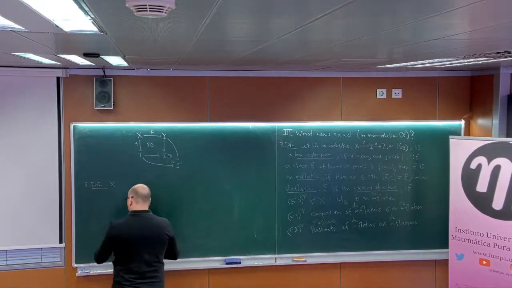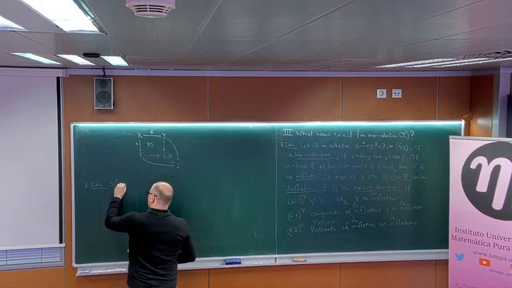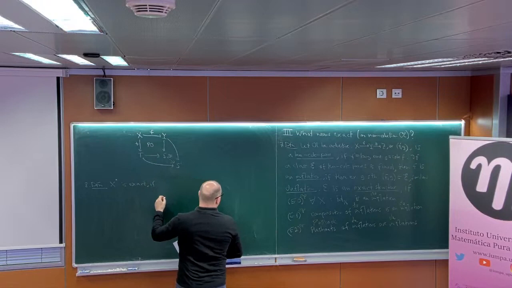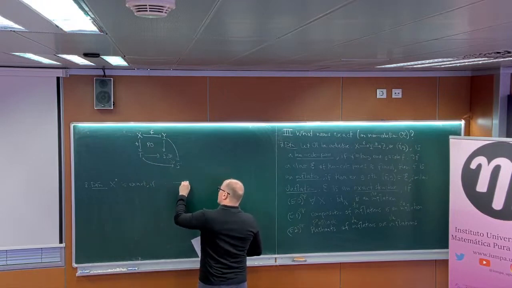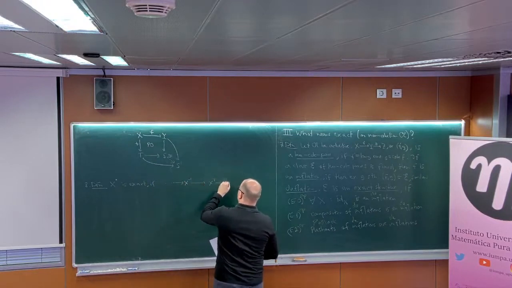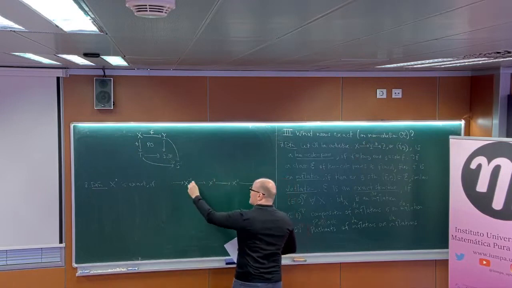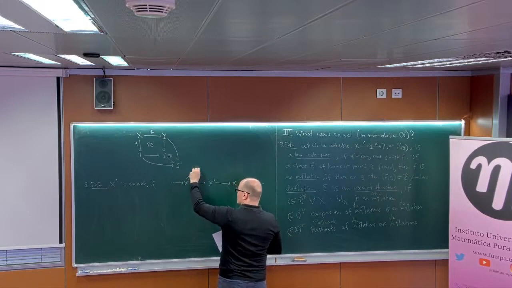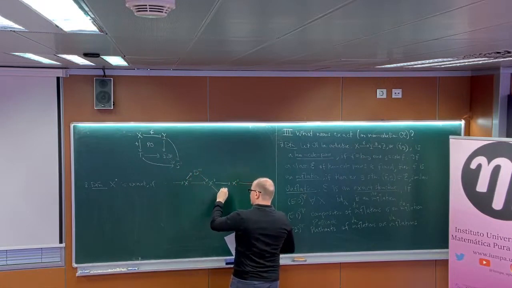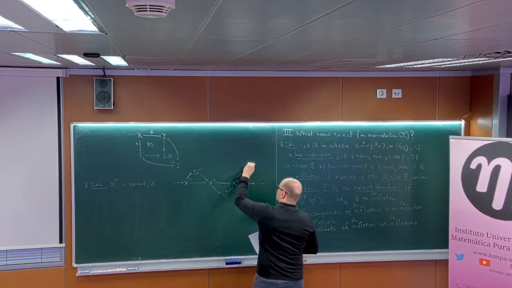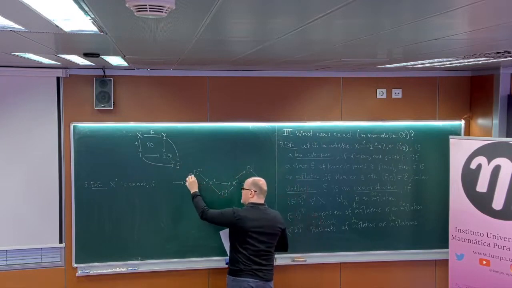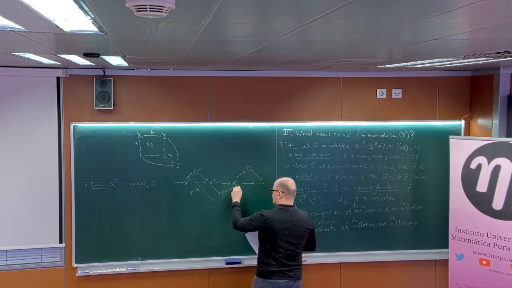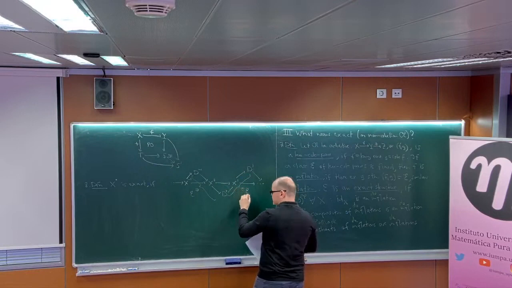So a complex is exact or acyclic if, let's say the complex looks like this, then I say it's exact if it factors like this, and these guys here are in your exact structure.